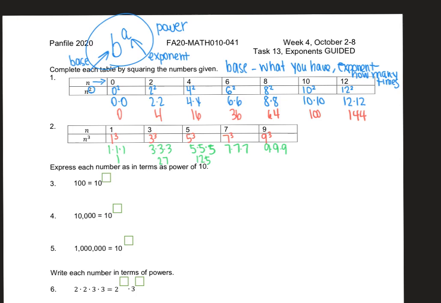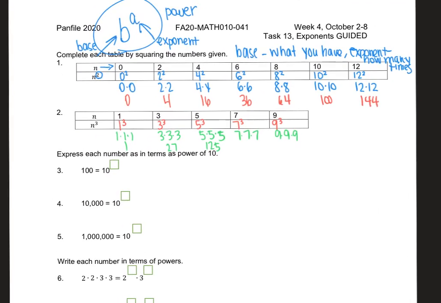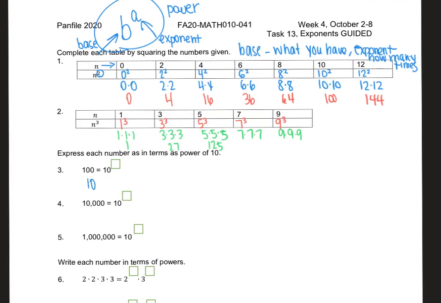But in terms of 10, to what power would you have to raise 10 to get 100? Well, 10 times 10, how many times would give you 100? It would only be 2 here, right? Because 10 times 10 would give you 100. Well, that's 10 raised to the second power.